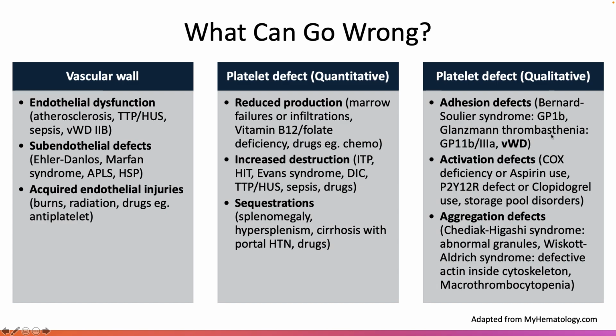If it's glycoprotein 1b, you're talking about Bernard-Soulier syndrome; glycoprotein 2b, 3a, Glanzmann thrombasthenia; and activation, aspirin as well as clopidogrel defect, which is more acquired because of the drug. Aggregation defect is more to do with abnormal granules, or even a defective cytoskeleton structure.